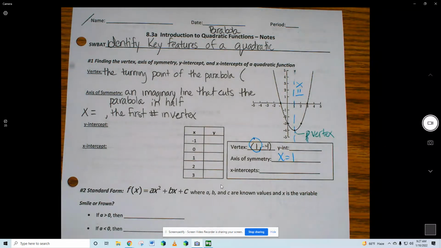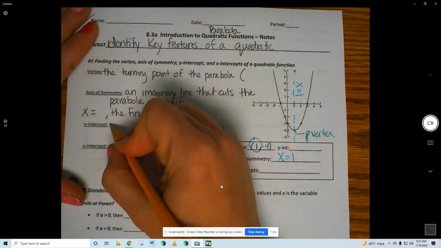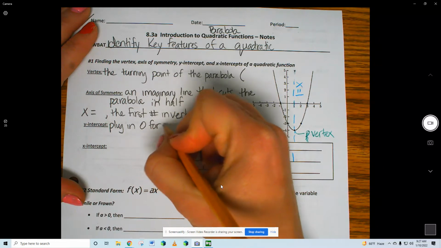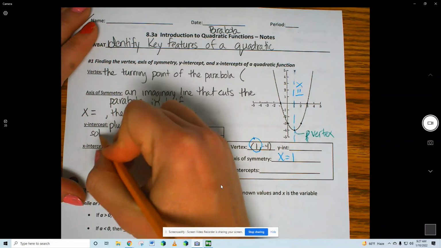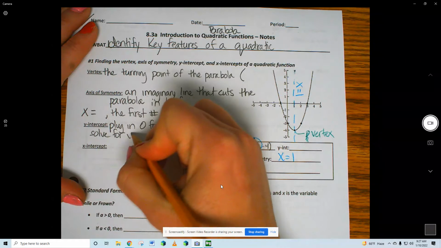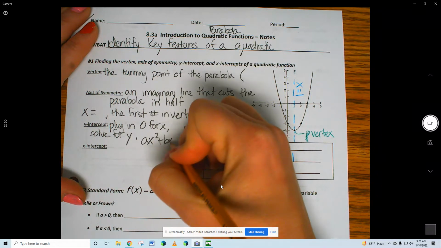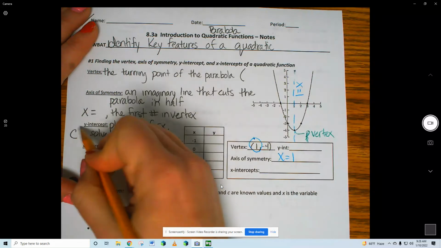The y-intercept, vocab word. Back in graphing, many chapters ago, it was if you plug in 0 for x, and then you solve for y. But here, in ax squared plus bx plus c, the y-intercept is the c.